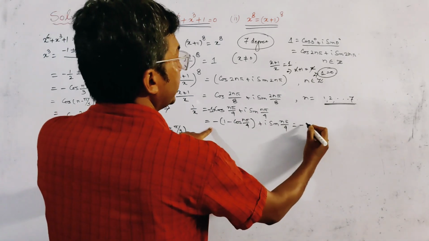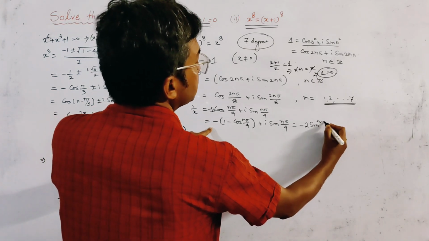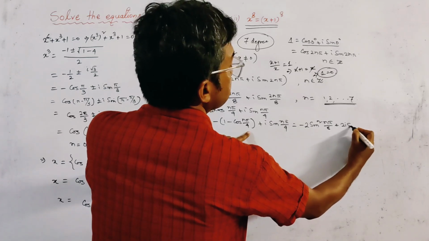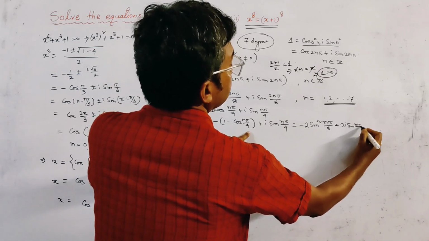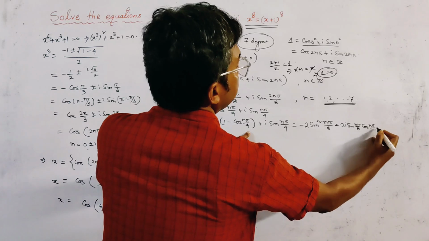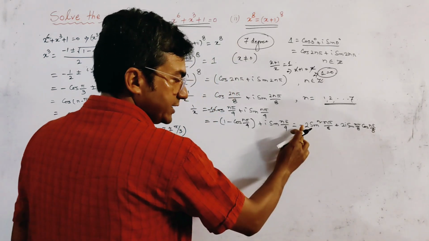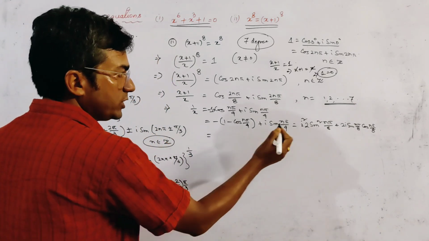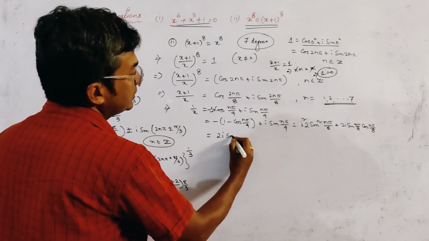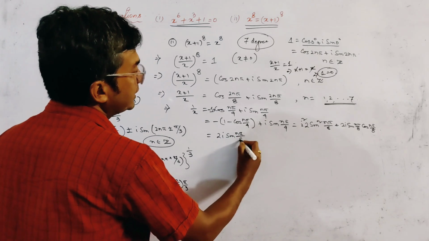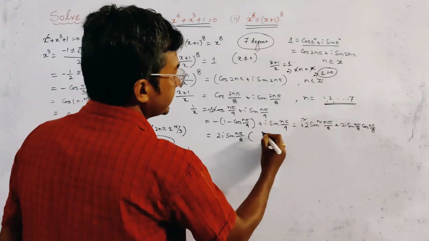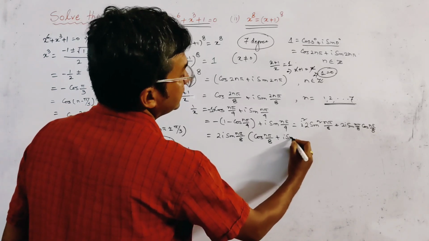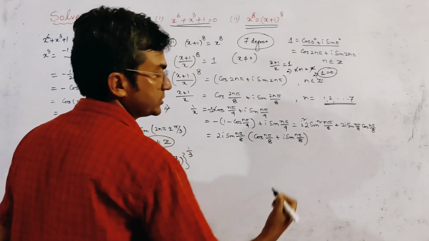So this is -2 sin² nπ/8 + 2i sin nπ/8 cos nπ/8. Okay, we write here in place of minus 1, i². And now taking 2i sin nπ/8 common, we get the result as cos nπ/8 + i sin nπ/8.